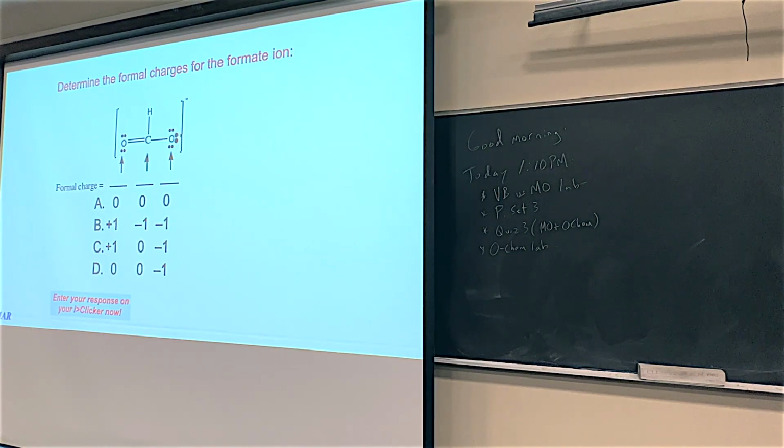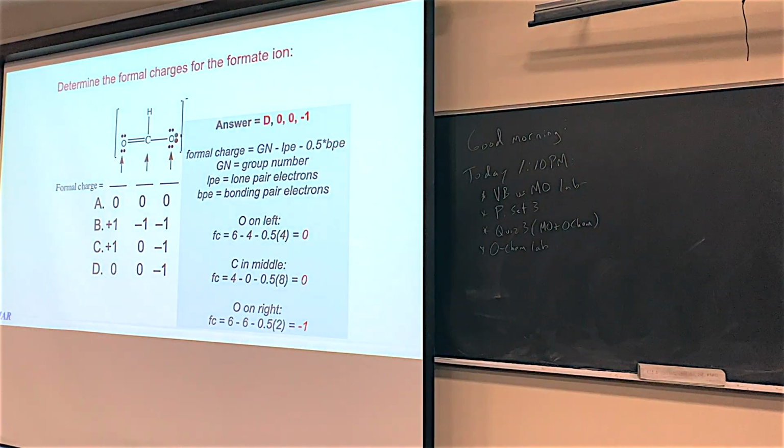Excellent. Everybody's rocking this question. Well done. Officially, formal charge is group number minus lone pair electrons minus half the bonding pair electrons, or you can just take group number minus the number of bonds minus the lone pair electrons. Definitely count each lone pair electron, so this would be 2, 4, 6, but you only count the individual bonds.